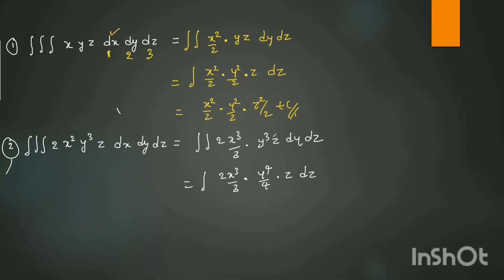See, we kept this as it is and z as it is, only y cube we have written as y to the power 4 by 4. Then again, last with respect to z. So the answer is 2x cube by 3, y to the power 4 by 4, z square by 2 plus c. See, you can simplify further, but if you get till here, that will be great.